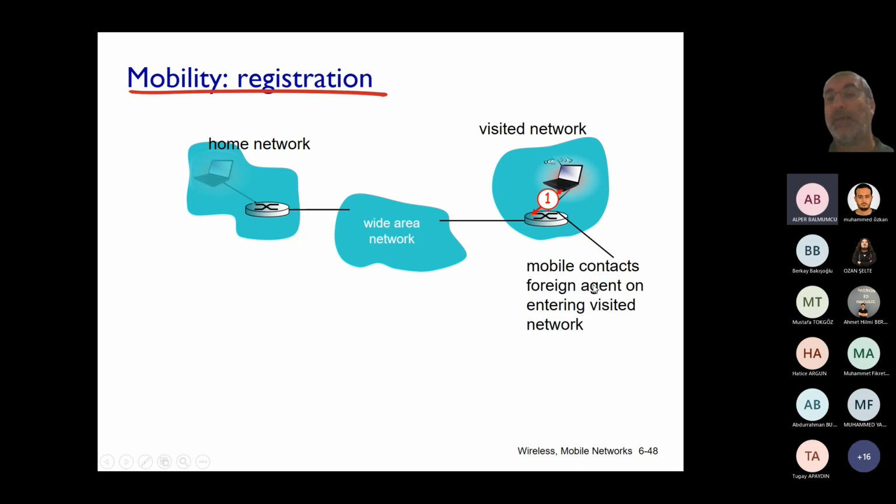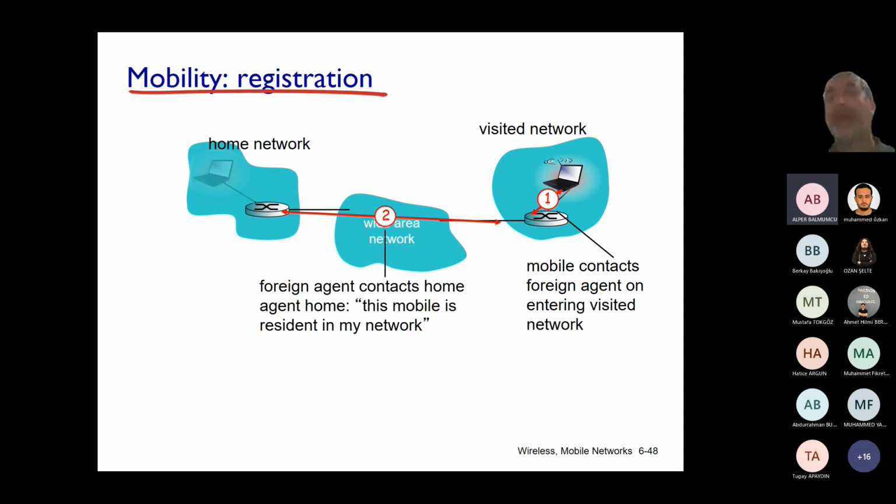So the mobile contacts the foreign agent when it enters the visited network. Then this foreign agent is going to contact the home agent and tell it, hey, this mobile device is resident in my network.